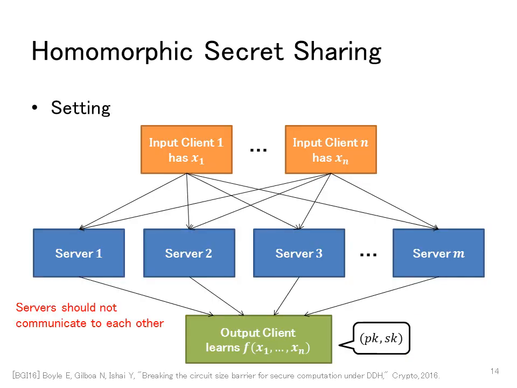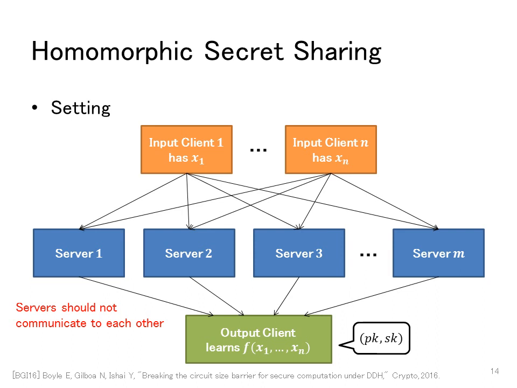The next definition is the definition of homomorphic secret sharing. We come back to this diagram again. Homomorphic secret sharing was first introduced by Boyd et al., and we will use the definition from the work of Lai et al. In the protocol, the output client first publishes its public key and keeps the secret key only to itself.